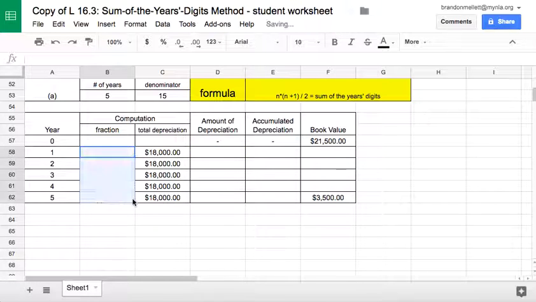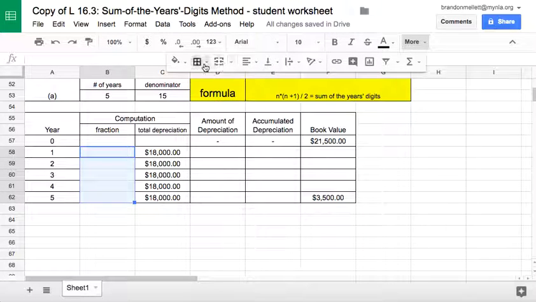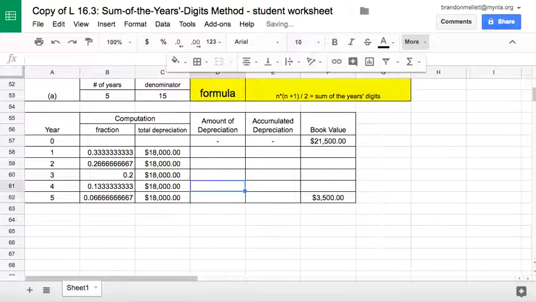Calculate that down. Fix that real quick. And then from here, these will be correct. So we have 5 over 15, 4 over 15, 3 over 15, 2 over 15 and 1 over 15. All right, now we're ready to start calculating our different percentages.